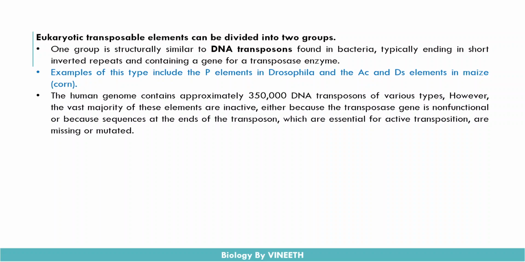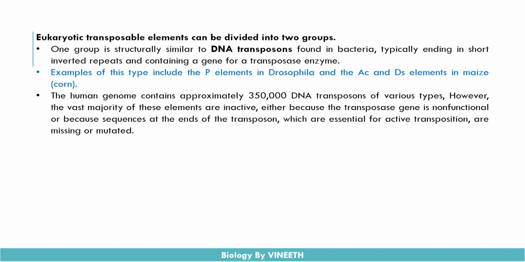If you look at examples of these DNA transposons, one is the P element in Drosophila. These P elements are mainly responsible for hybrid dysgenesis, which means they make sterile hybrids. Then we have the AC and DS elements found in maize corn kernels. These AC and DS elements are responsible for the production of different color patterns of the corn kernels.